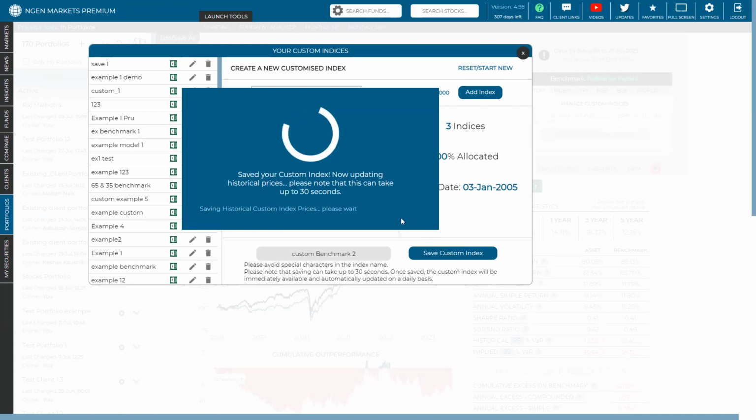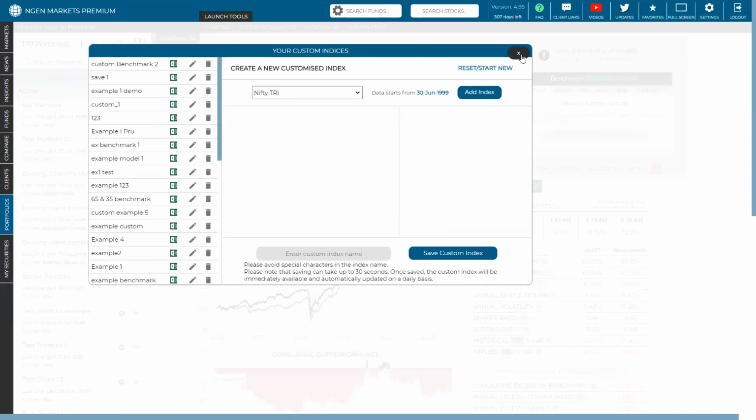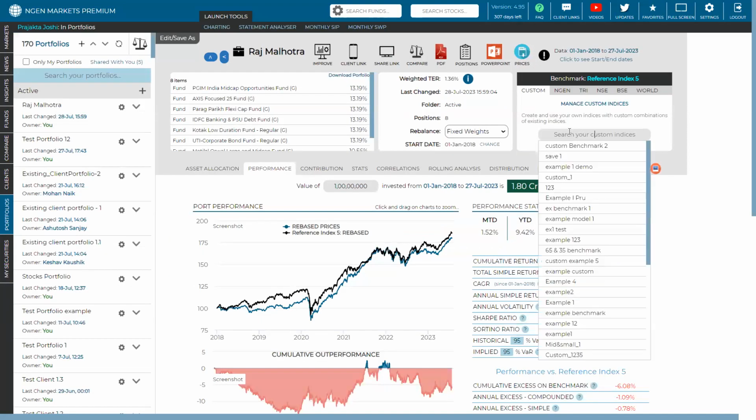Once this is saved, this custom benchmark can not just be used for this portfolio, but you can benchmark any other portfolio's performance to this particular benchmark, if that is in the same proportion. So this is not specific to a particular portfolio, but specific to your login. Once this is saved, just click on cancel and you will be able to locate this benchmark here.